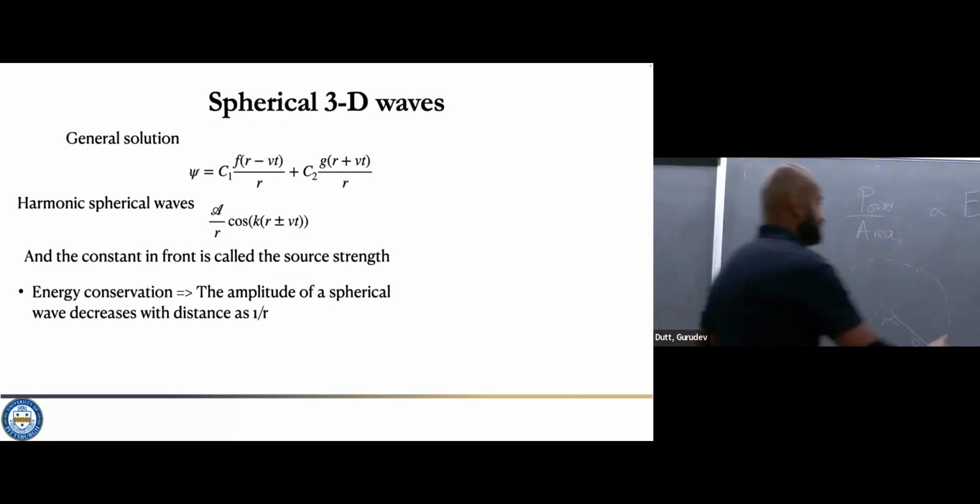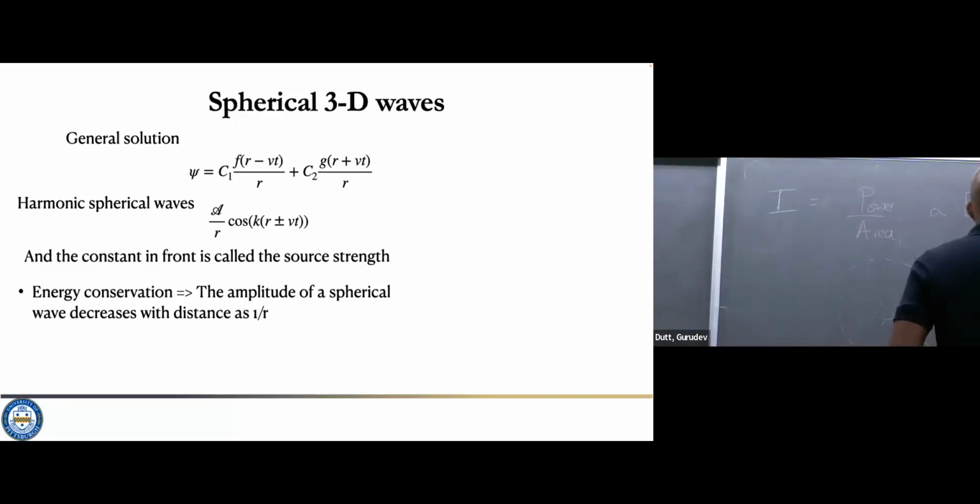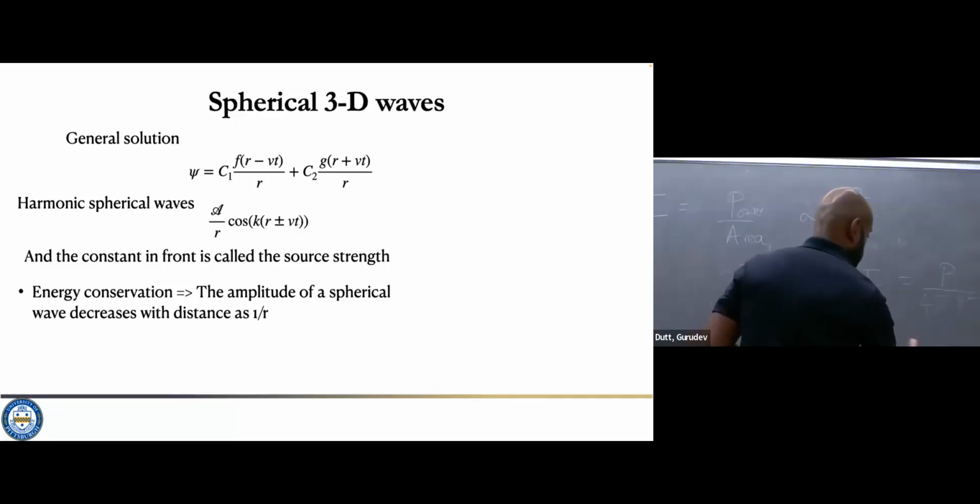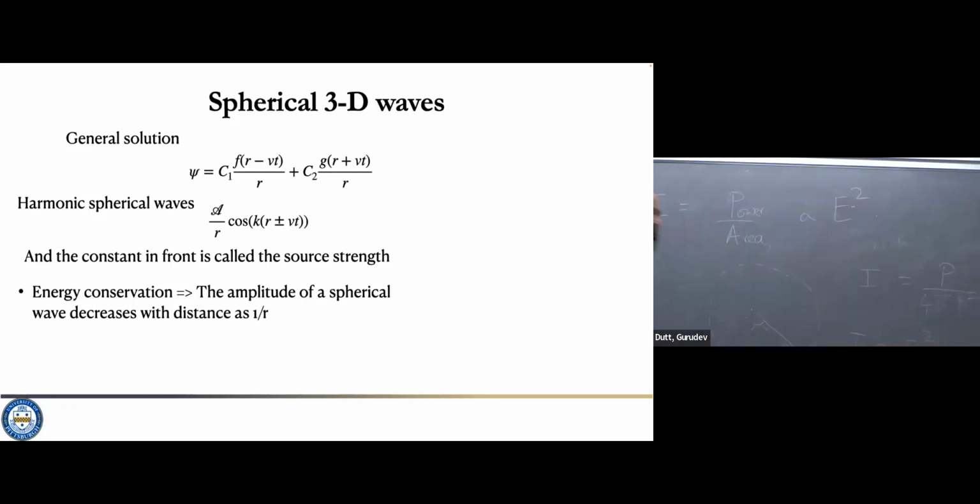then the intensity is equal to the power per unit area, which is 4 pi R squared. You see that, right? And I also told you that the intensity is proportional to E squared.